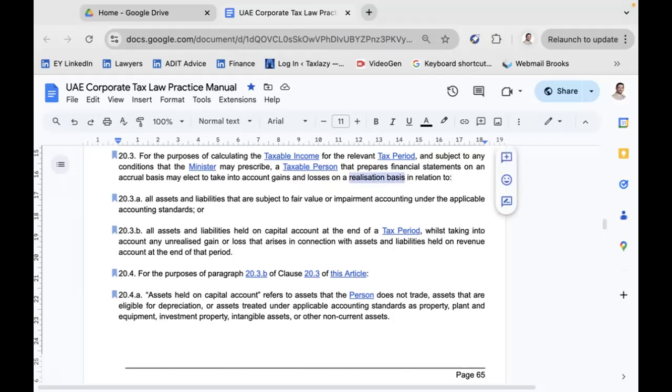Other than premium, a very significant portion of their income or revenue is those mark to market gains that they book in their books. If they continue on that default treatment, they will be paying a larger amount of corporate tax compared to the realization basis. If in a year their mark to market adjustments are quite big, all of them will go away. You will need to take them out if you're following the realization basis.